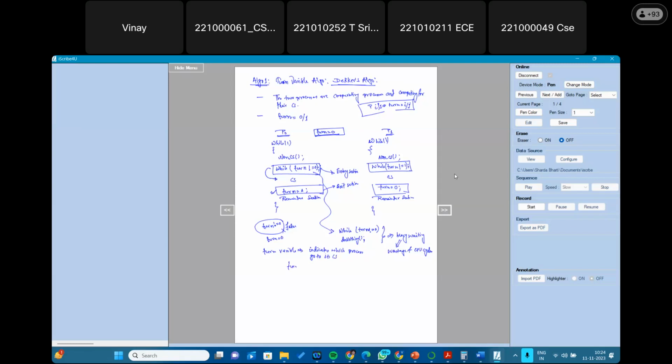For example, turn equals 0 allows process P0 inside the critical section. Similarly, turn equals 1, okay, right?